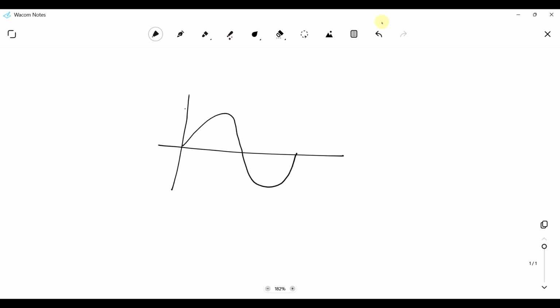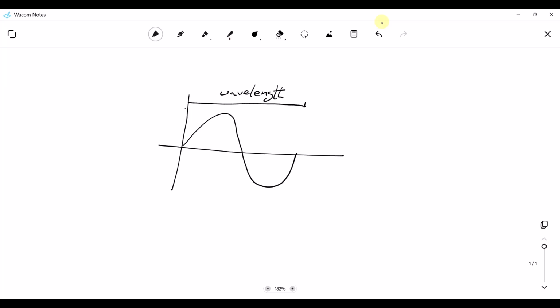Back to our analog sine wave. This is one full cycle of a signal. Measuring from here up to here, this is what we call the wavelength of a signal, the length of a wave in one full cycle.